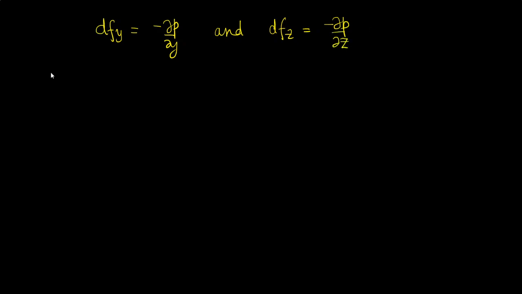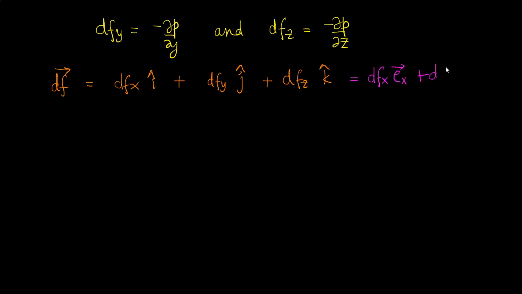Now I can write df, that is the body force acting on the fluid element, as dfx i plus dfy j plus dfz k. Equivalently, I could have written it as dfx ex plus dfy ey plus dfz ez. So it's just a convention of using the appropriate unit vectors. So then let us expand this particular term.